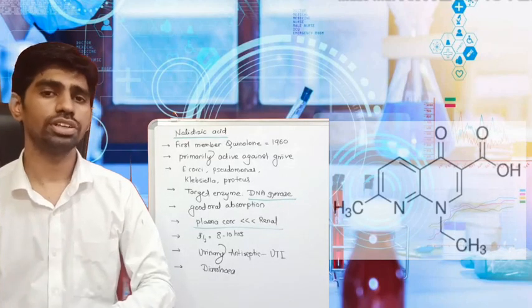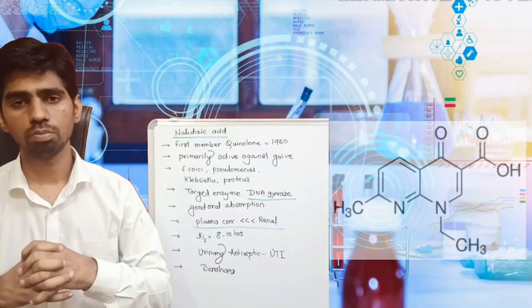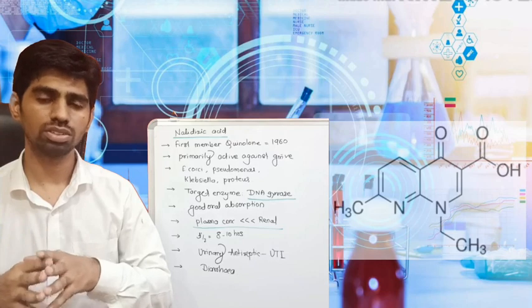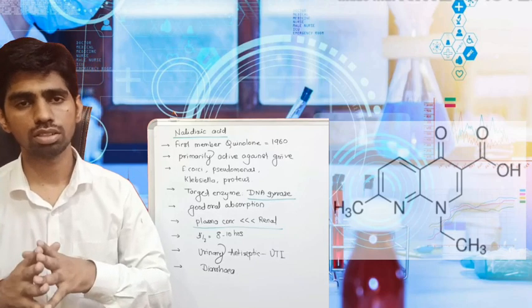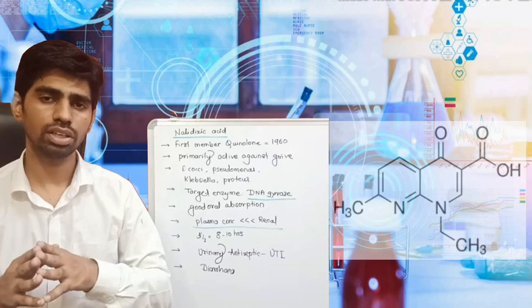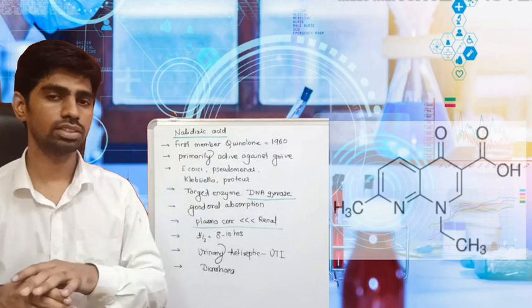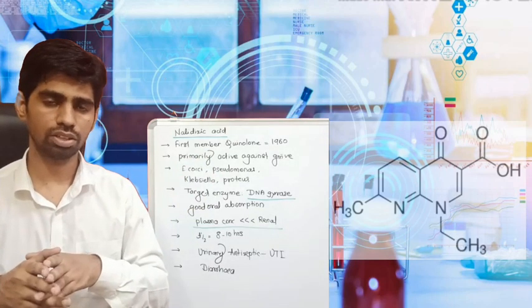The structure is presented on the screen. It is primarily active against gram-negative bacteria. Most of the quinolones or fluoroquinolones are active against gram-negative bacteria, while some show good activity against gram-positive bacteria also. In case of nalidixic acid, activity is found higher against gram-negative bacteria.